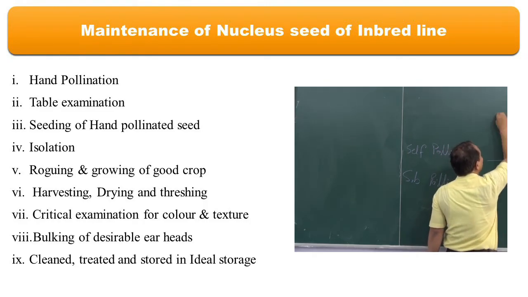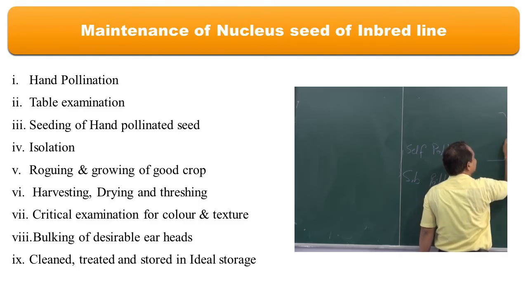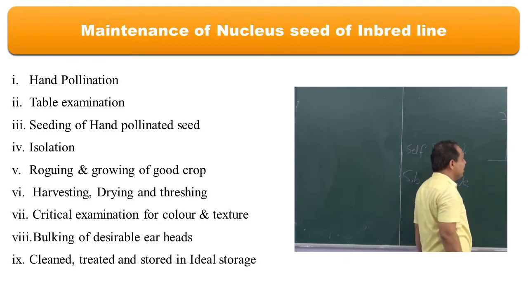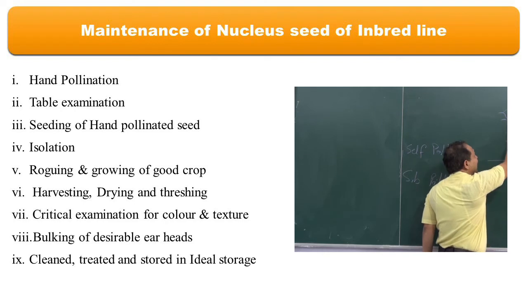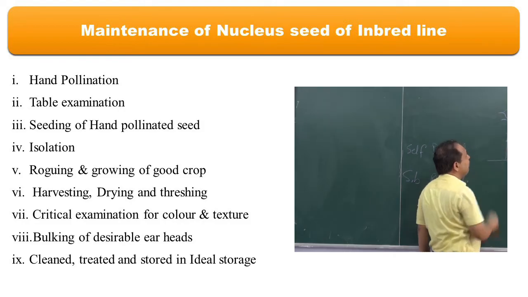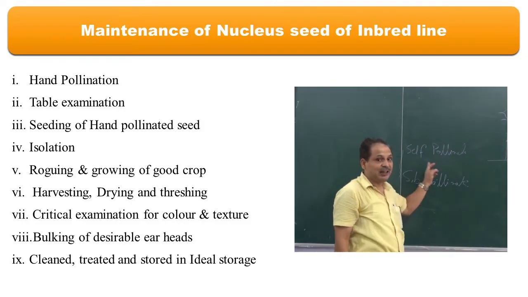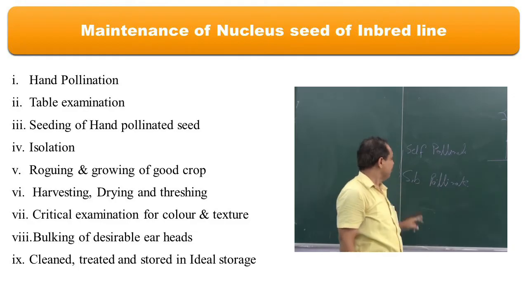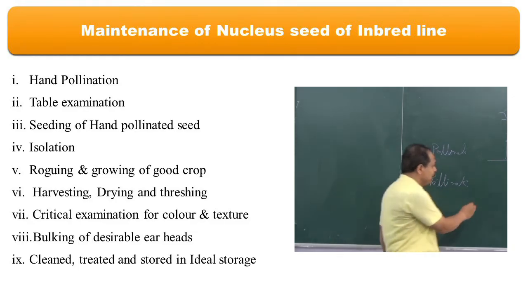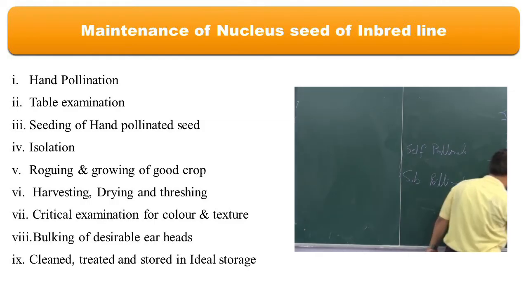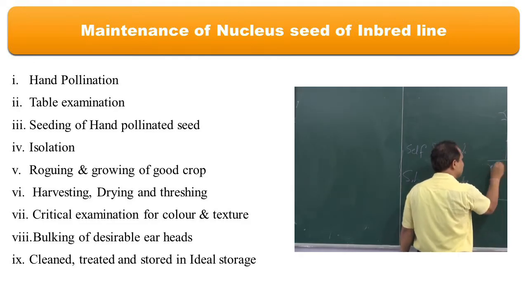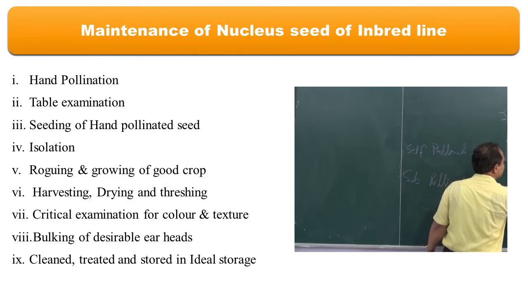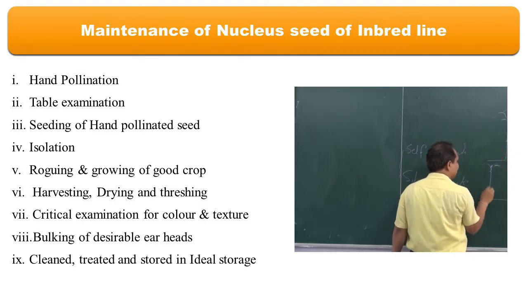Suppose it is a maize plant, and the female parts are here and these are the male parts. In self-pollination, the pollen of the same plant is used to pollinate the female parts of that same plant.